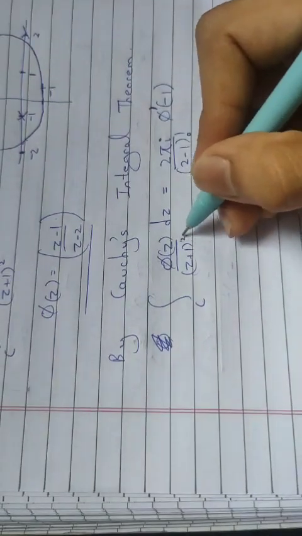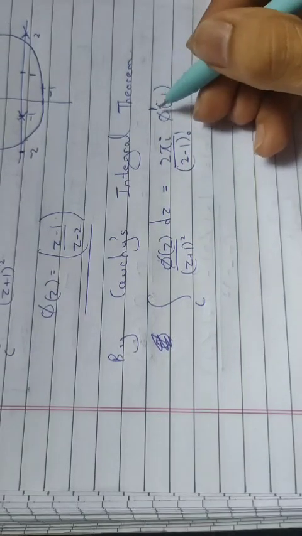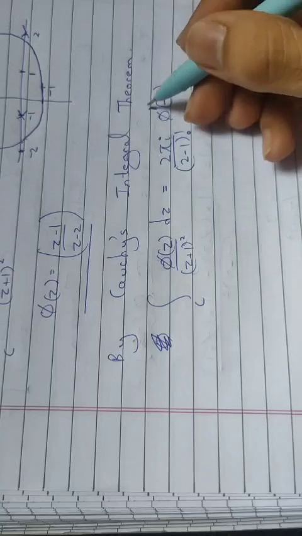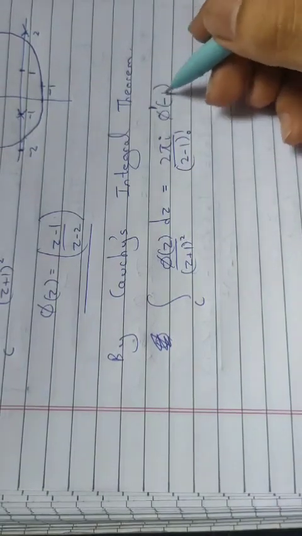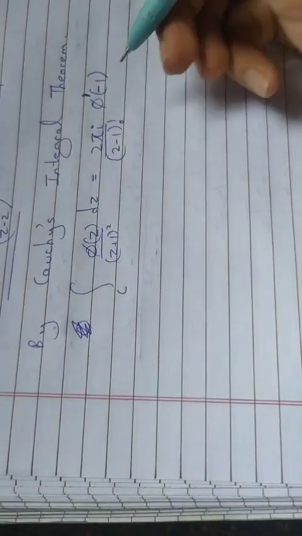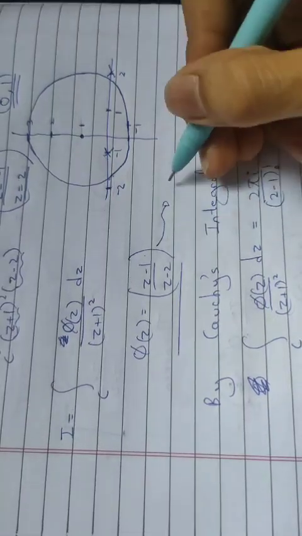If there's ever a power 2, 3, 4, then one less would be the derivative: if square then first derivative, if cube then second derivative you need to find and then substitute minus 1. So here we only need the first derivative.